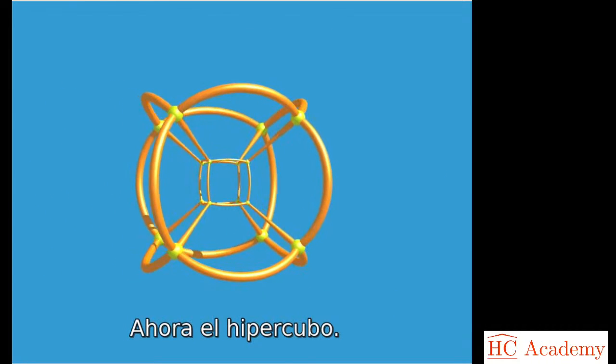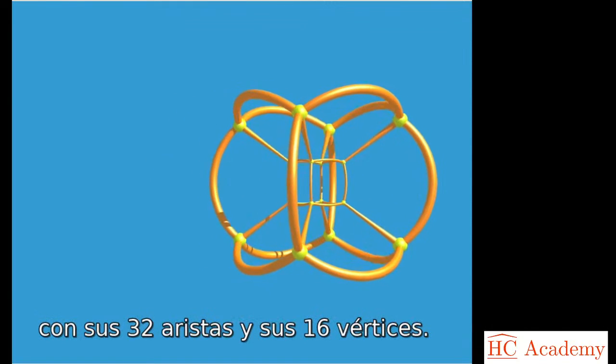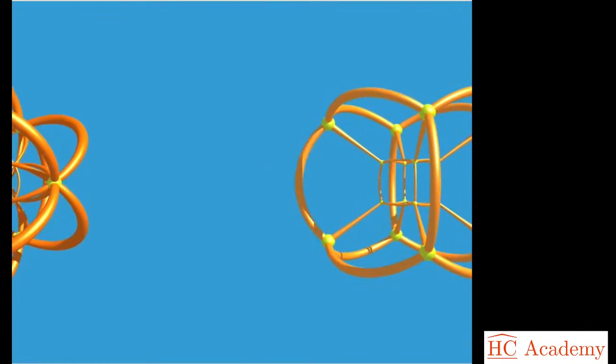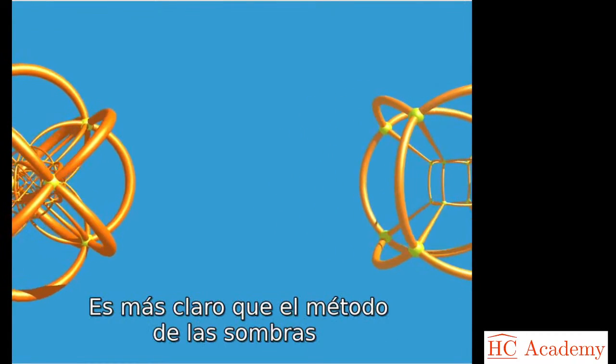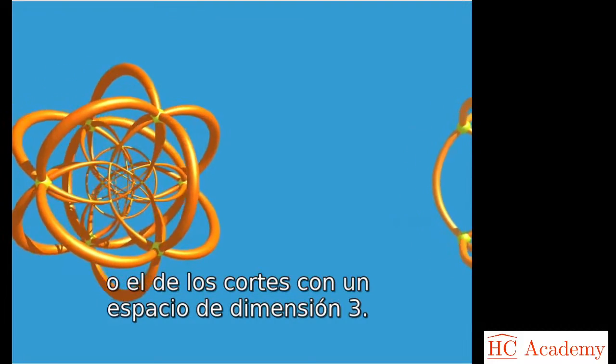Here's the hypercube. It's easy to recognize it from its 32 edges and its 16 vertices. Seeing things this way is so much easier than with the shadow method or the three-dimensional cross-sections.